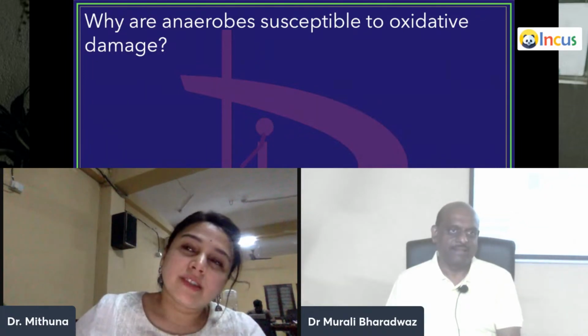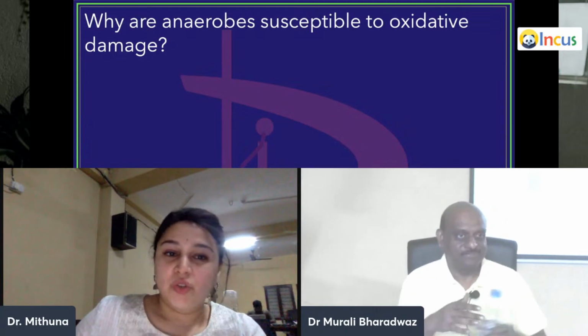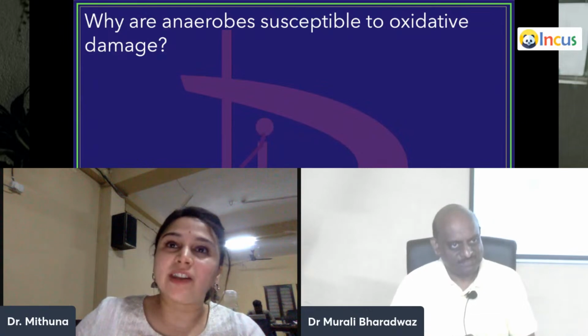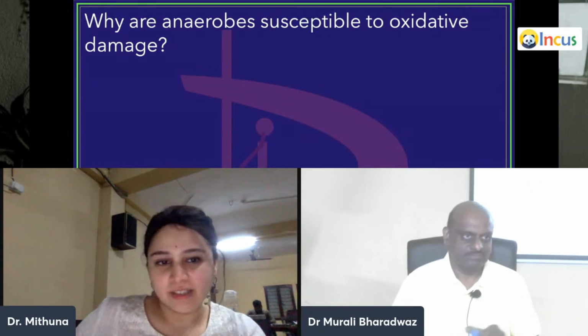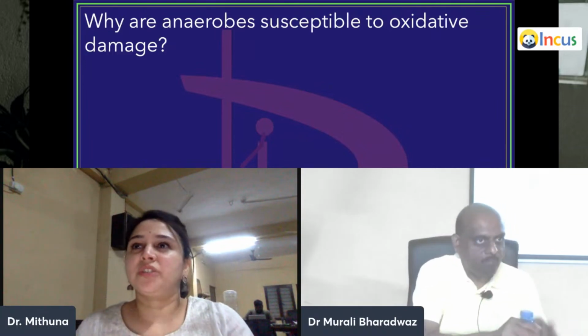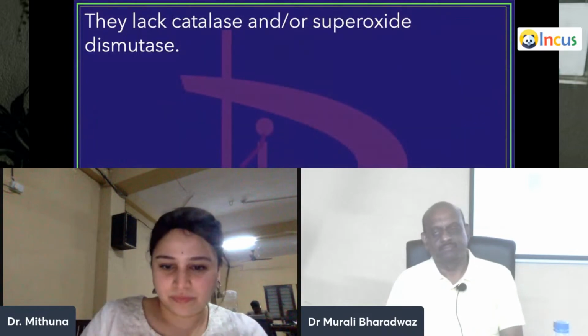So it means that they lack catalase enzymes. They're catalase negative, so they have no catalase to destroy hydrogen peroxide. So they're killed by it. So either they lack catalase or they lack superoxide dismutase. All the catalase negative are prone to it.